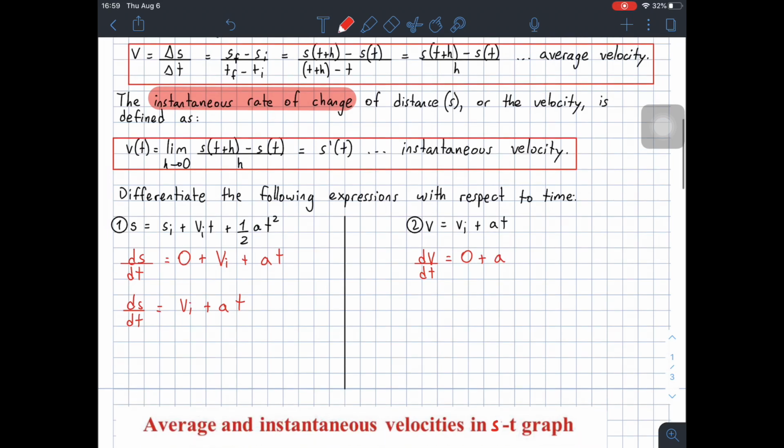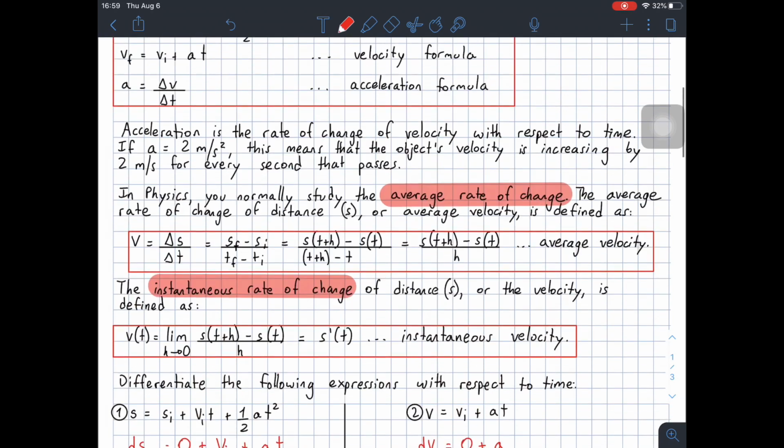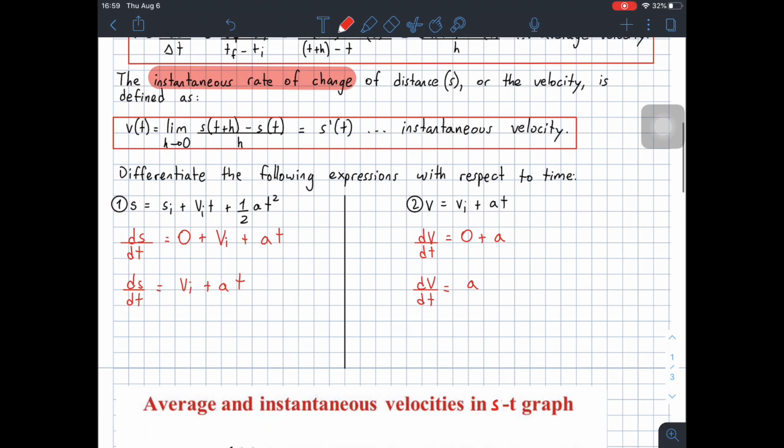So here we get the other definition, the derivative of velocity with respect to time is actually the acceleration of the object, okay? Which is exactly what we wrote here, right? The derivative of v with respect to time is acceleration, okay?